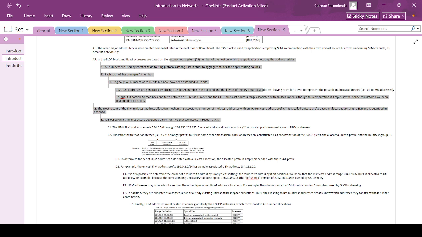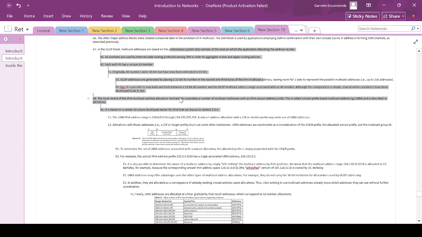So remember, the second and third bytes are from bit 8 to bit 24 of the IPv4 multicast address. Remember, it's 32 bits, leaving room for 1 byte, or 8 bits, to represent the possible multicast addresses, which is the 256 addresses.